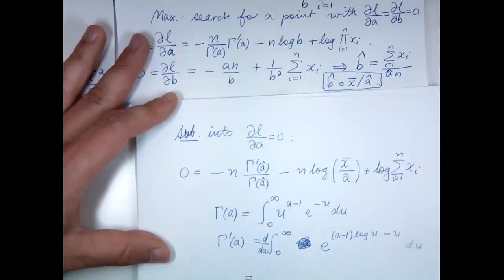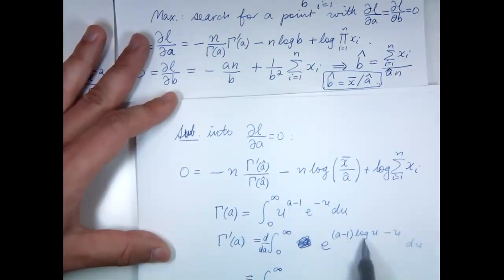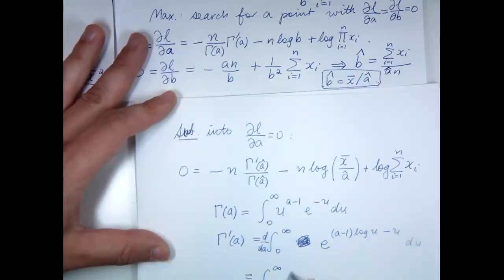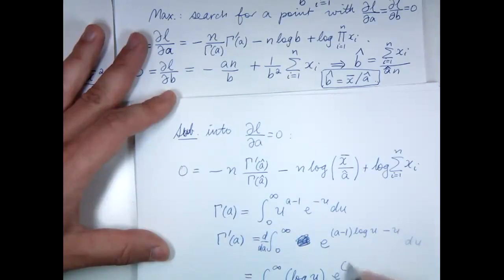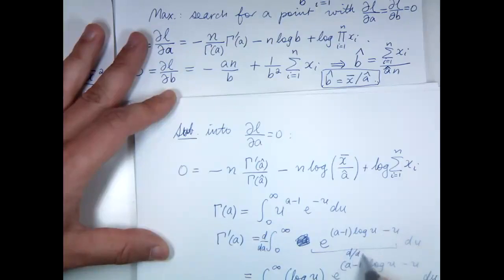So that's equal to the integral from 0 to infinity. If I put the a derivative of that, the a derivative of that is just log u. So by the chain rule, I get e to the power a minus 1 log u minus u. That's what happens when I just replace this by d by da with the same thing.